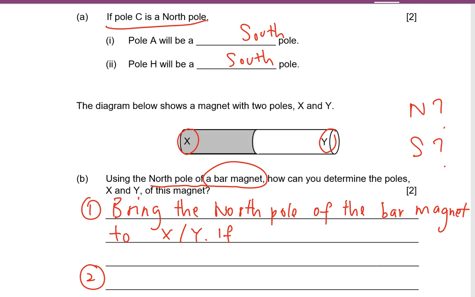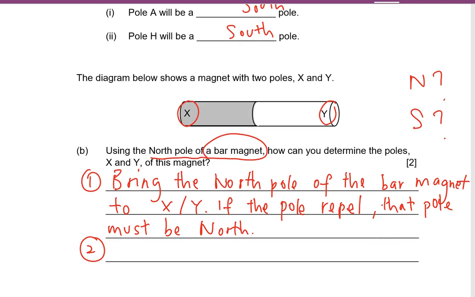So you're bringing the north to one side, and if it repels, that pole must be north also, right? Because like poles repel.